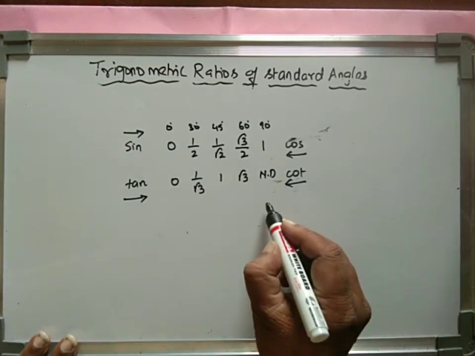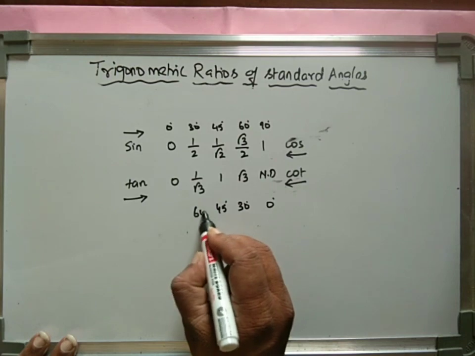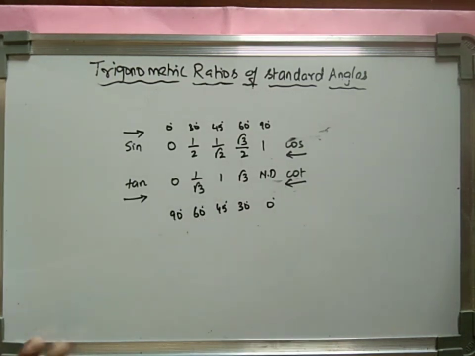This will be 0 degree, 30 degree, 45 degree, 60 degree and 90 degree. If you know these two rows, you can easily find the values of any trigonometric ratio for the given standard angle.